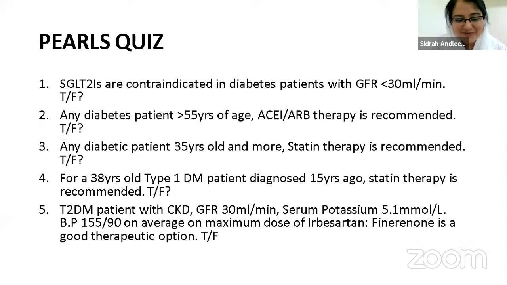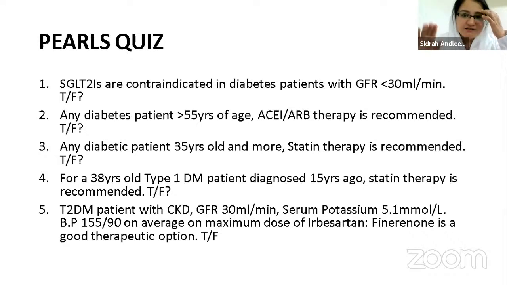So if the patient has a pre-diagnosed diabetes, this would usually be a type 1 diabetes patient, and the time period for which they have had diabetes is 15 years or more, you add a statin into the regimen.